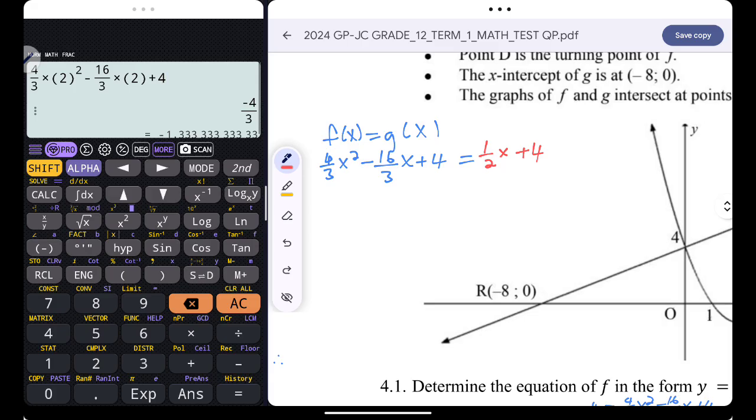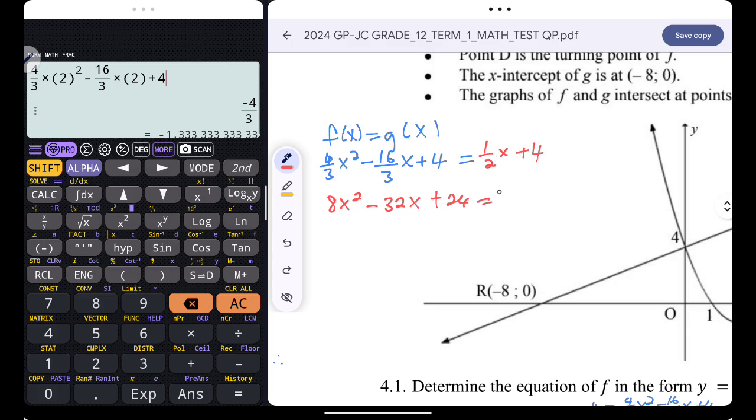I'll just multiply every term by 6 to remove the fractions. When I multiply the first term by 6, I'll simply get 8x squared. When I multiply the second term by 6, I'll get negative 32x. And when I multiply 4 by 6, I'll get 24.